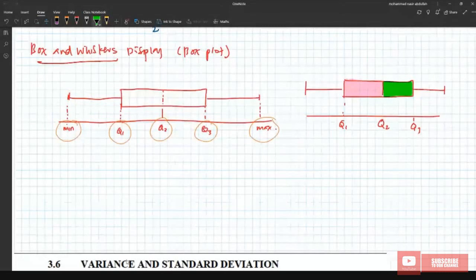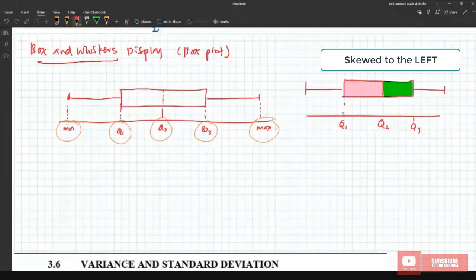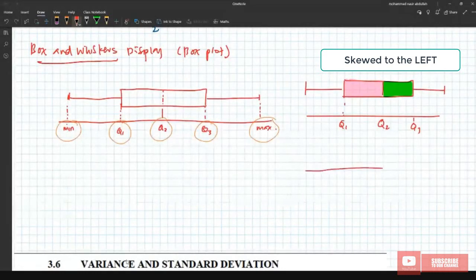So you can see the area on the left hand side is bigger than the area on the right hand side. So this is what we call skewed to the left distribution.